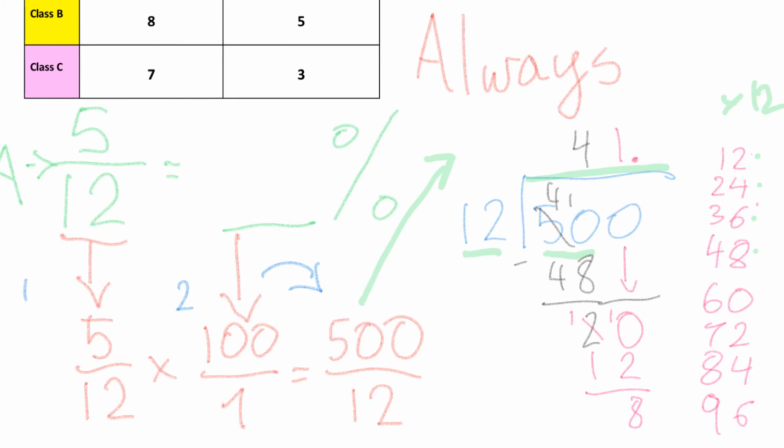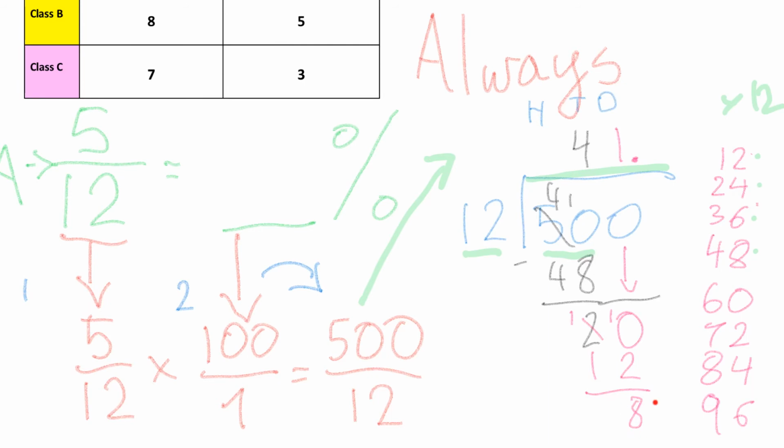Now I could carry on with my long division, but that will give me a remainder. And here I really want to slow down because we have hundreds, tens, and ones columns.